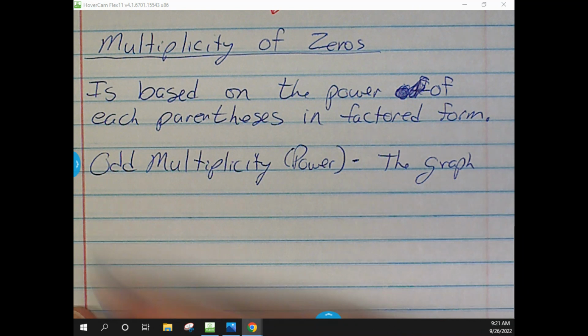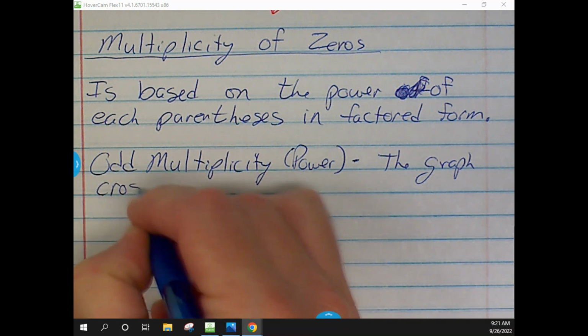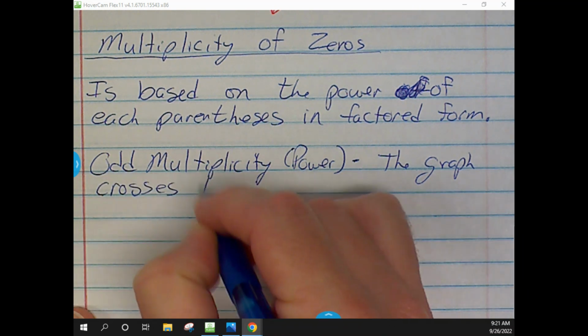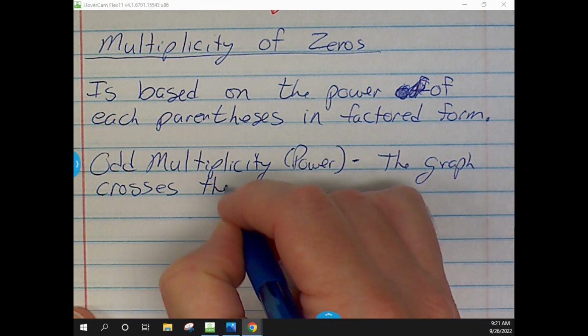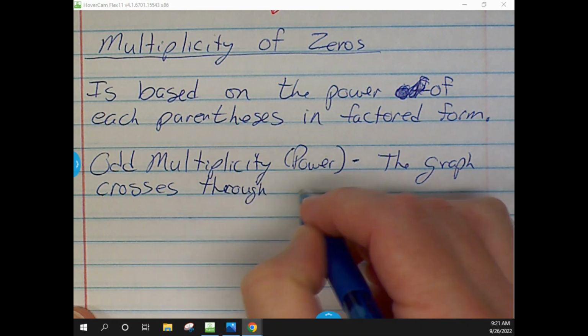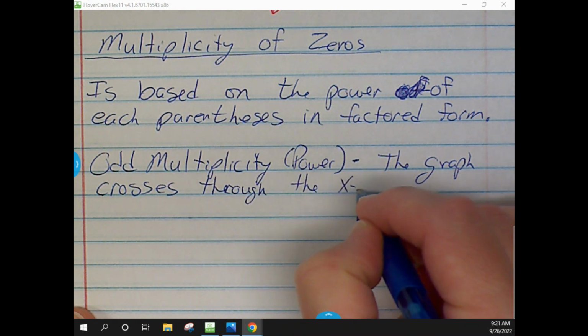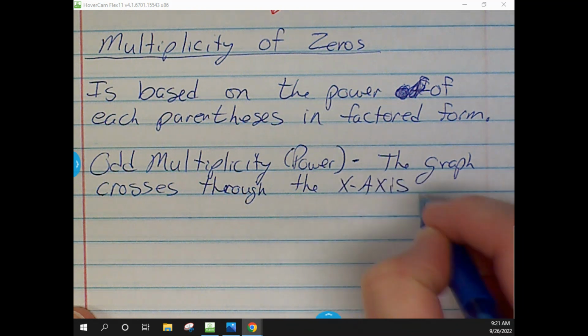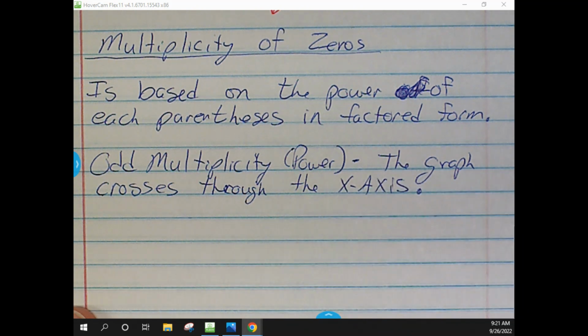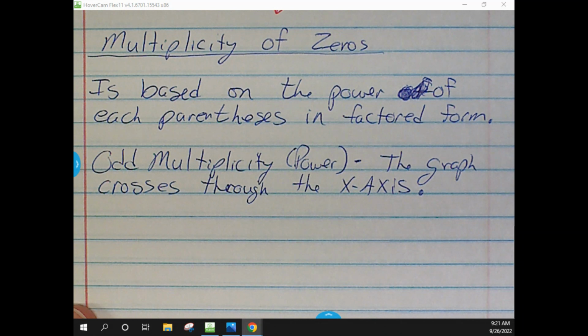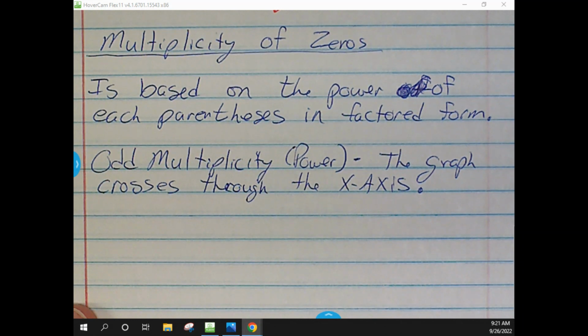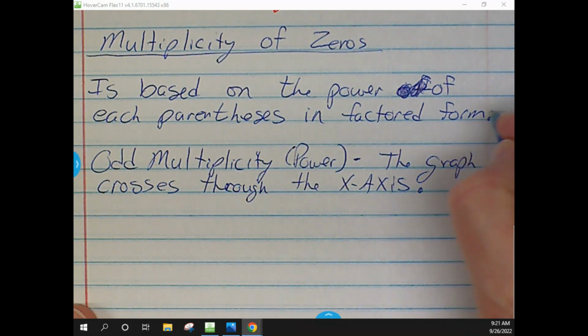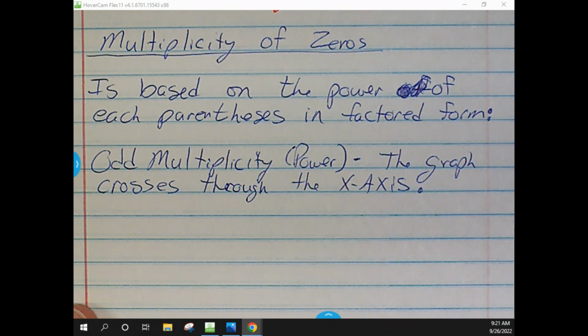The graph crosses through the x-axis. So if you factor this thing down, we get an odd multiplicity. We know it's going to go through the x-axis.